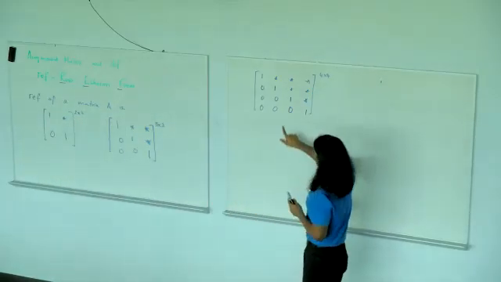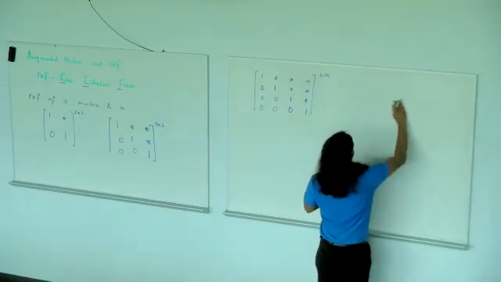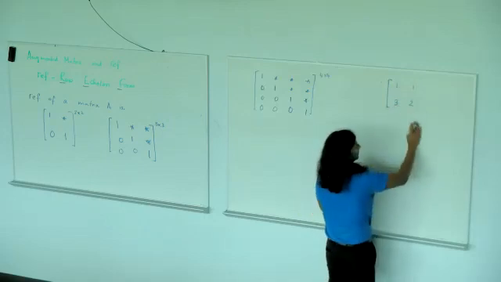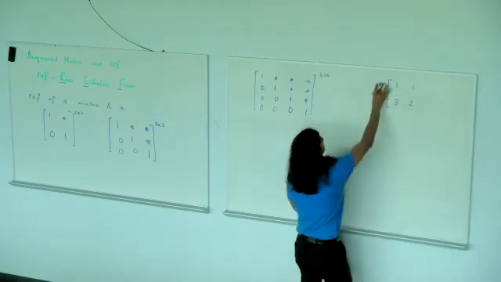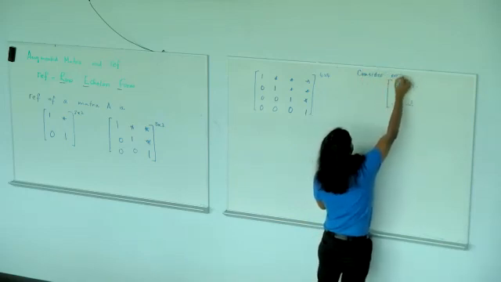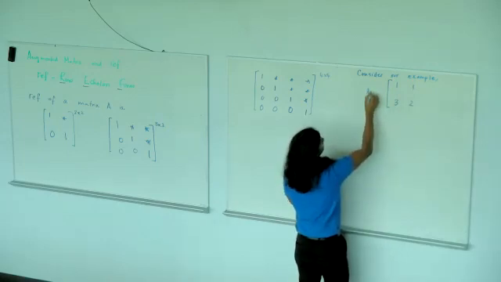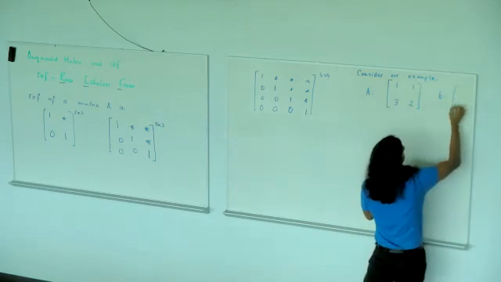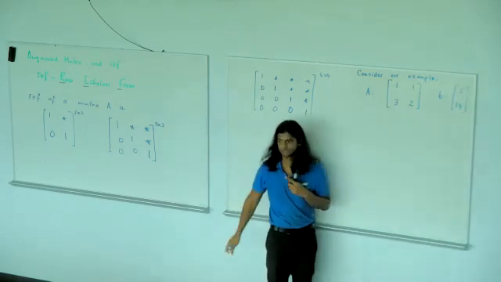Well, I'm going to take matrix A. In my first example, it was 1, 1, 3, 2 on the left, the 2 by 2 case, and the right hand side was 5 and 14.